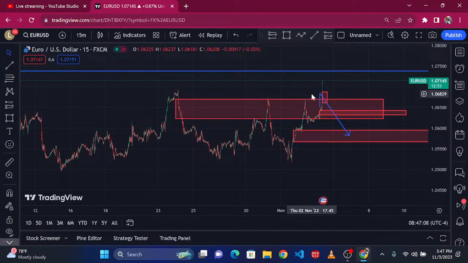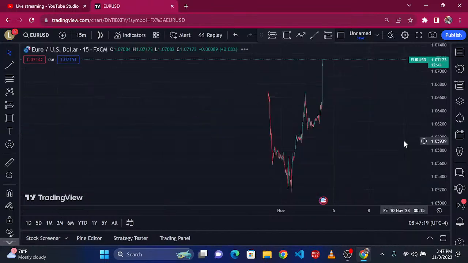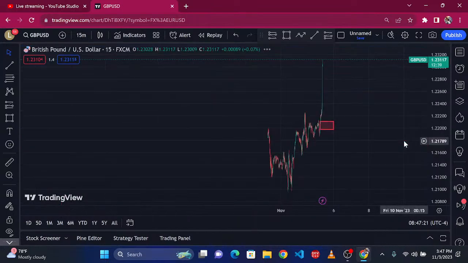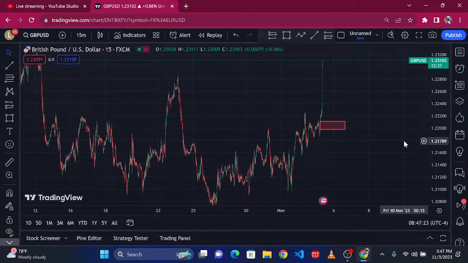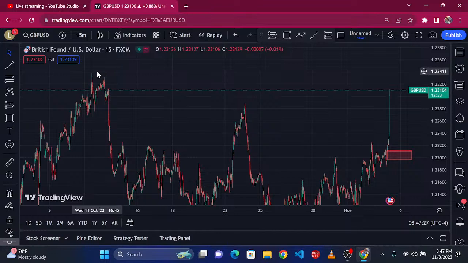It is also not even as volatile as I expected on Euro USD. It is looking for these highs, and if you are trading it right now, you can chase it into this upper high.